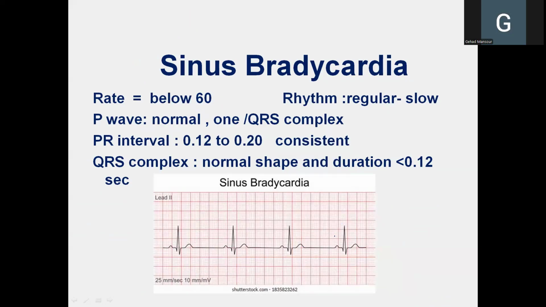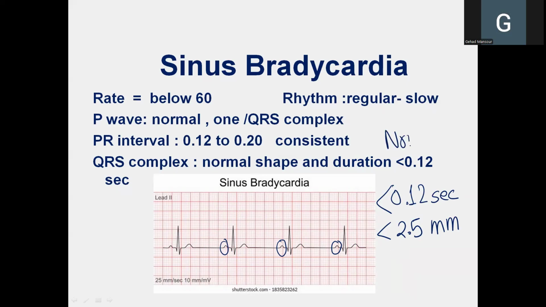If it were an AV nodal rhythm, we wouldn't find normal P waves. The normal P wave is not only a P wave with a duration less than 0.12 seconds and with an amplitude or height less than 2.5 millimeters, but a normal P wave.